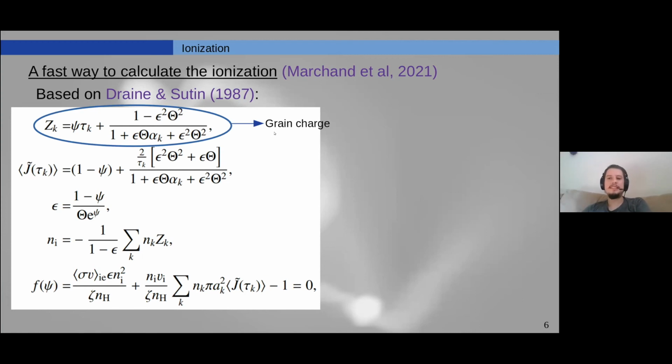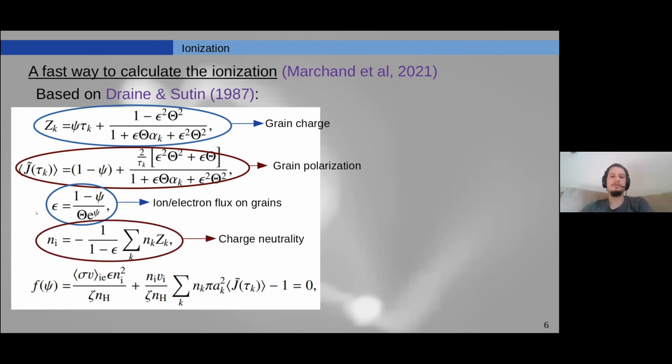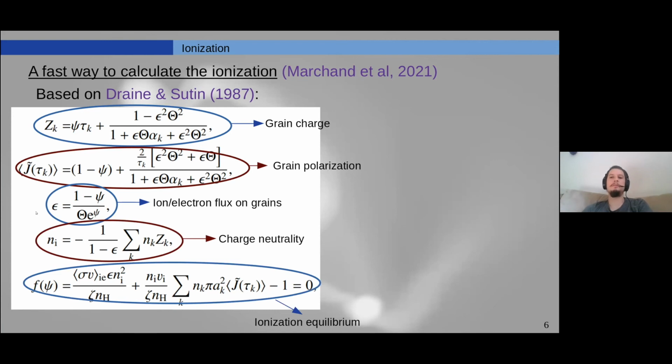For an arbitrary size distribution, this equation gives the average charge of every grain size. This one represents the equilibrium of the ion and electron flux on grains. This one is just the charge neutrality, and this one the ionization equilibrium.